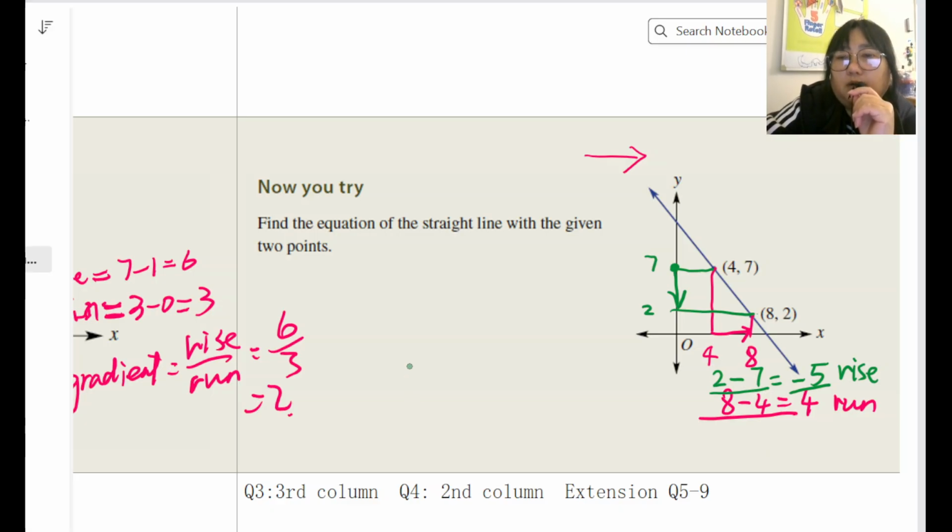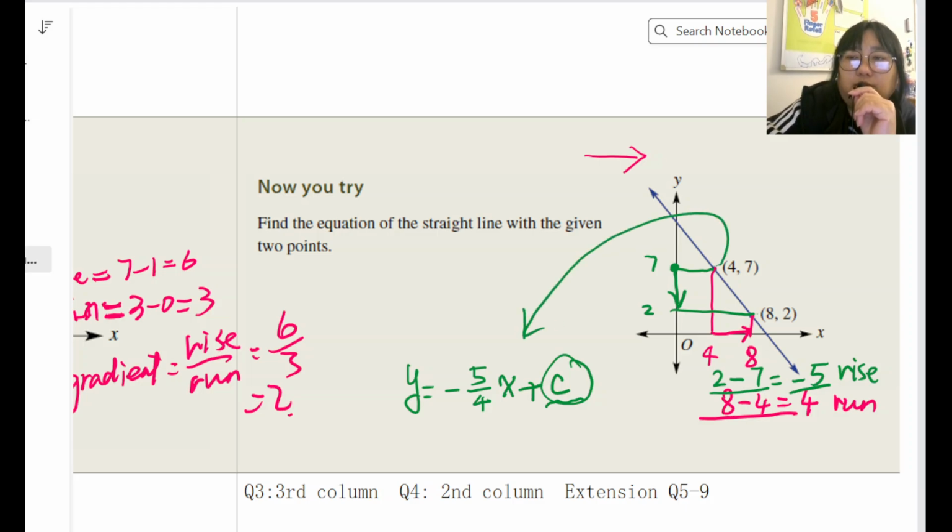So now I can write y equals -5 over 4 x plus c. Currently I just need to know the value of c. To find c, I can substitute one of the points, (4, 7) or (8, 2), into this equation.